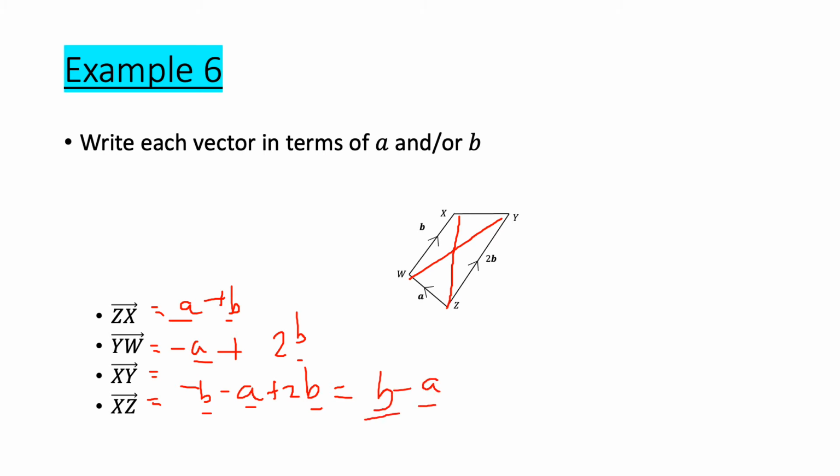Sorry that I'm not showing my full workings, but the idea is that we follow the track notation. So for XY, if I'm going this way, it's the same as going this way, and this way. So the answer to this is B minus A. Okay, so any questions? Any problems, guys? Put it in the comment section.